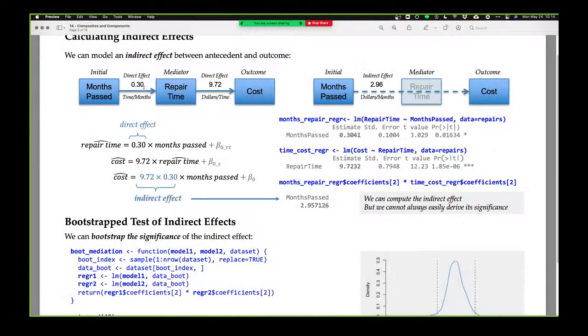So it makes quite a bit of sense that to translate months past to repair time, I have to multiply months past by this coefficient, and that'll give me an estimate of my repair time due to months past, and then I have to multiply it by this coefficient to translate it into how much that translates into dollars. All right. And that's exactly what we're representing here. The cost is affected by months past indirectly by multiplying these two coefficients together.